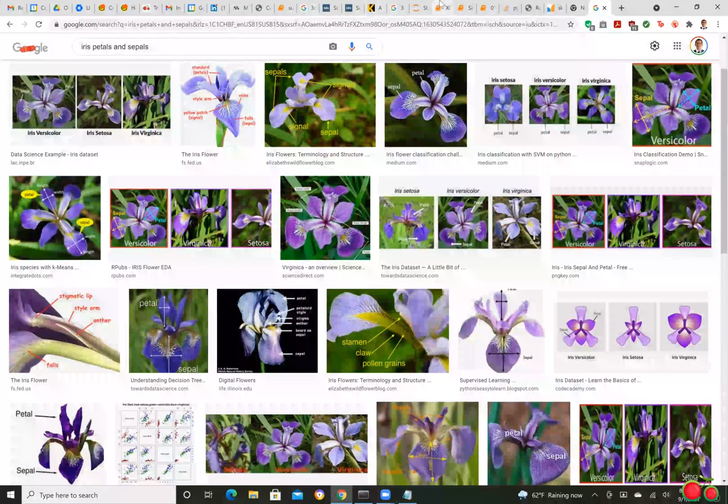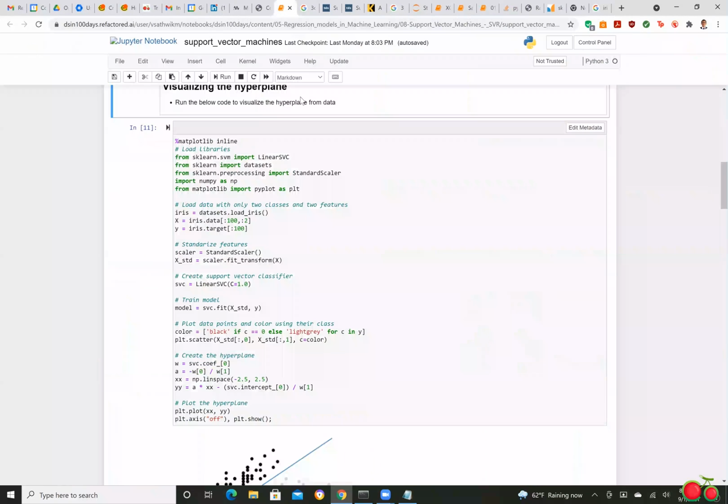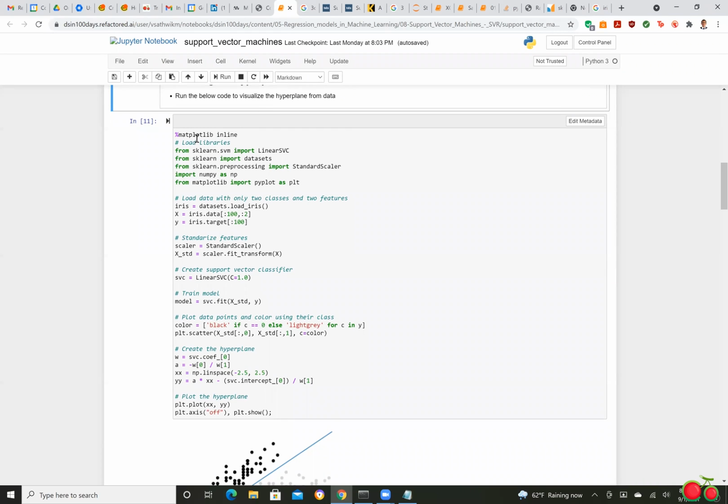Okay. Now going back to the notebook itself. In this example, the first line of code is just matplotlib inline. This is just making sure that the matplotlib charts themselves show up in the notebook below the code block.